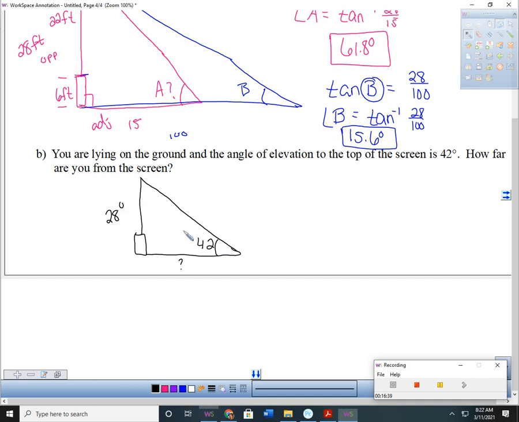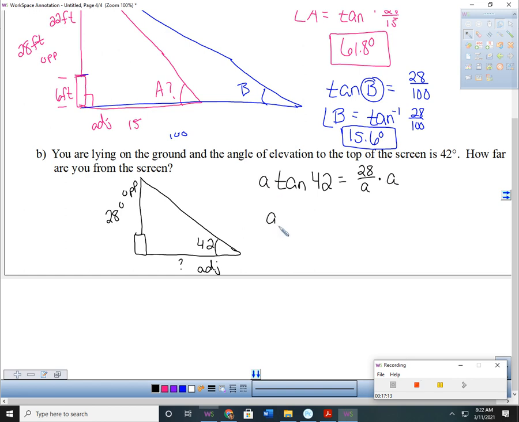So the side that I have is the opposite side, and the side that I'm trying to find is the adjacent side. So opposite and adjacent is tangent. So tangent of the angle I'm given is equal to opposite, 28, over adjacent, which is what I don't know. Let's just call it A. So I have to get the A off the bottom.